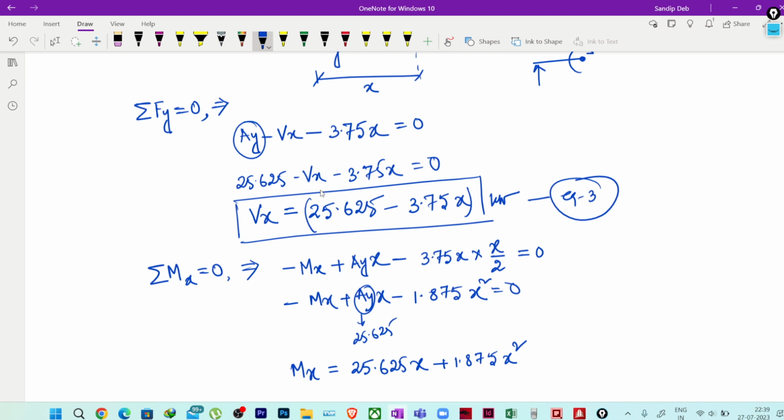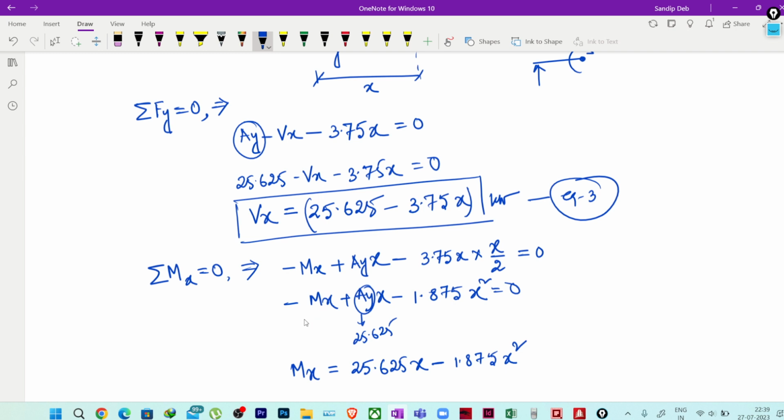I think actually I have done this calculation earlier and I think I made a mistake here previously. Now it is correct. So this sign convention, it will be negative. Okay, 25.625x minus 1.875x. I'm not sure whether I'm doing it correct or not.